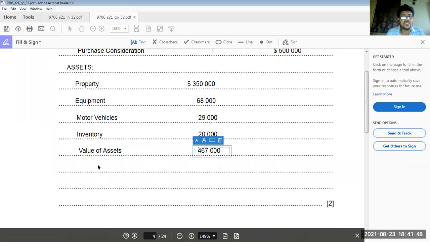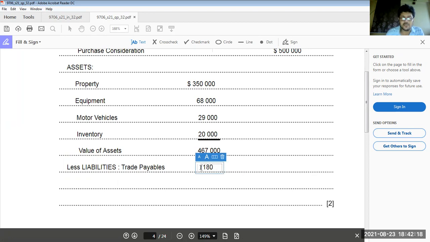Now take liabilities. We have only one liability, that is trade payables. Trade payables taken is 18,000.